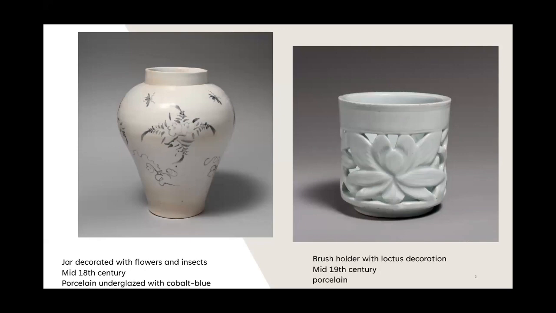The title is Jar Decorated with Flowers and Insects. It was created in the mid 18th century. It is a porcelain with an underglaze of cobalt blue. It's a very simplistic piece with flowers and insects adorned all around it.